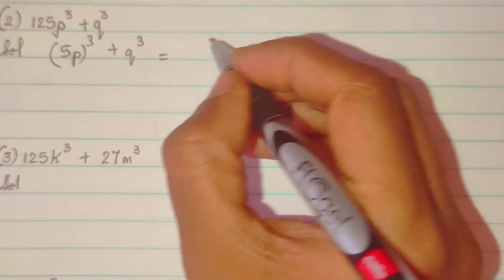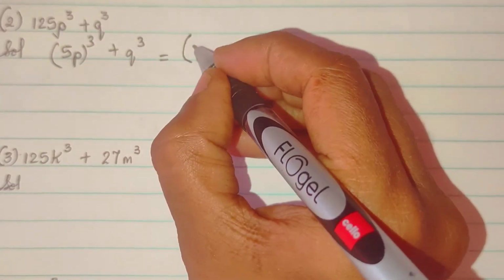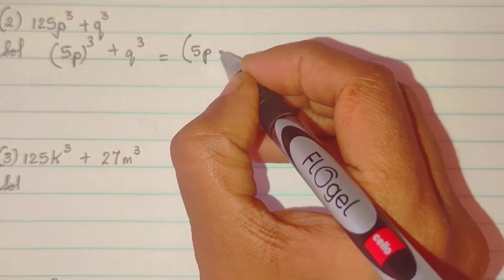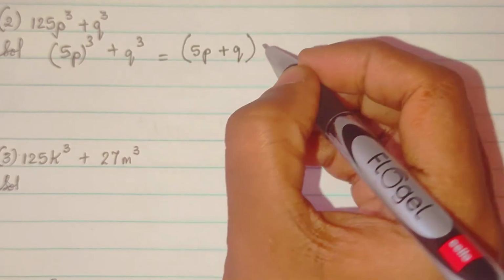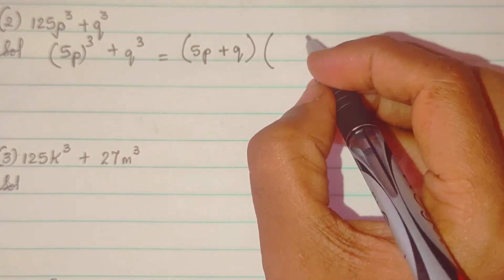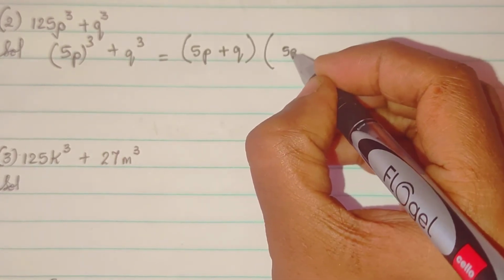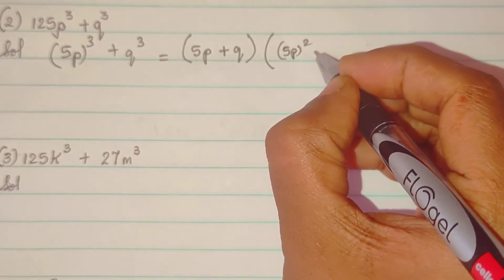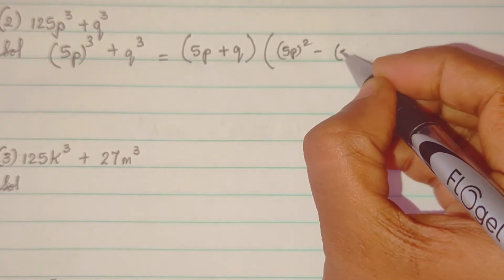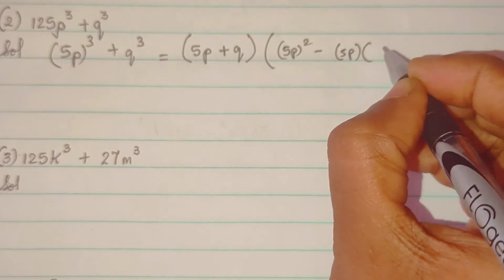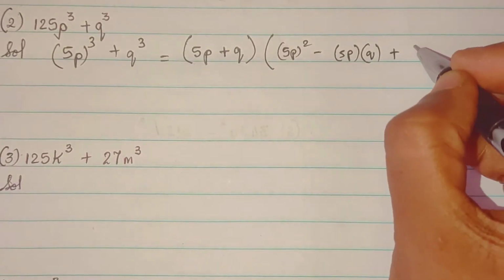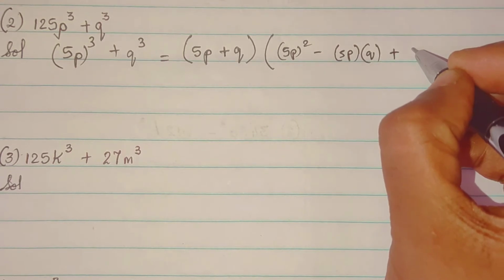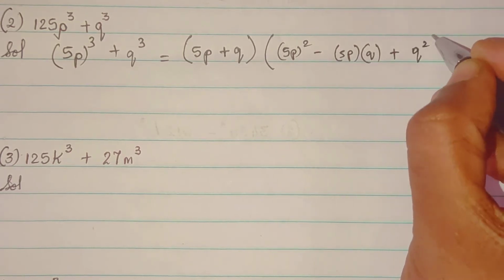By using the formula, when we split, a plus b, so here our a is 5p and b is q. a plus b, then a square means 5p the whole square, minus a into b, then b square, so q square.